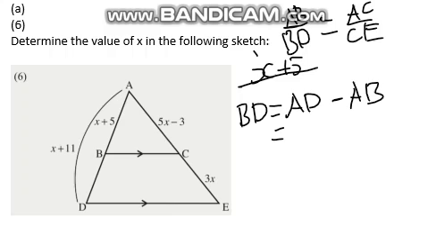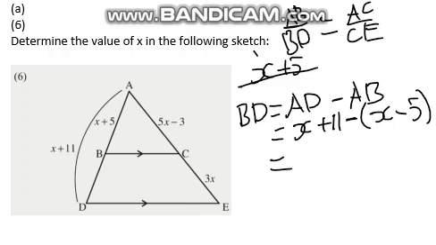We've got AD, which is equal to x plus 11. And then we've got AB, so I must subtract that, which is equal to x minus 5. Then we're going to distribute this negative to our right.